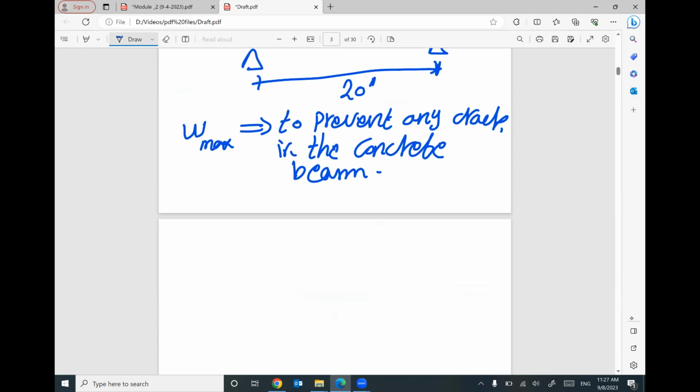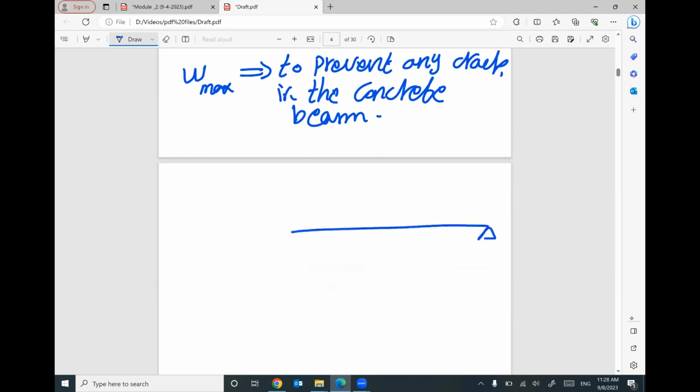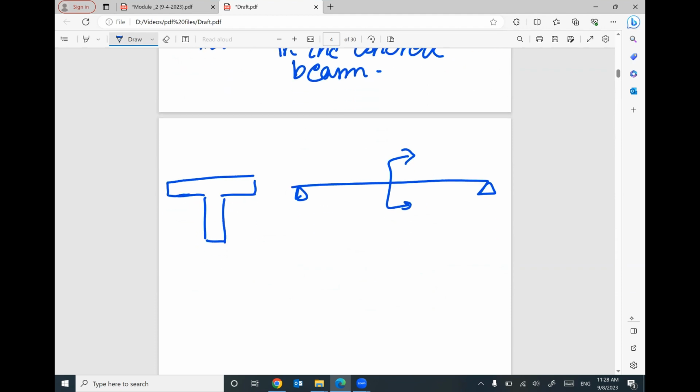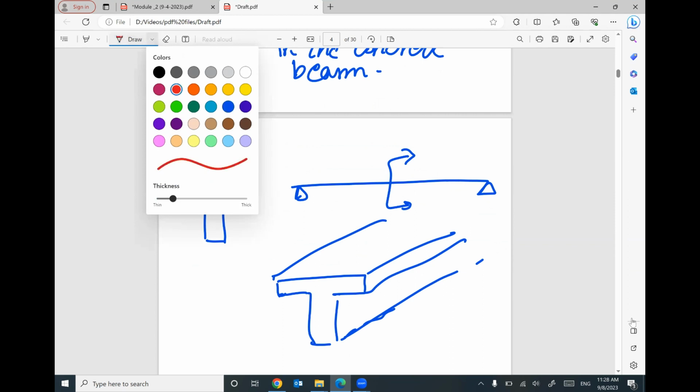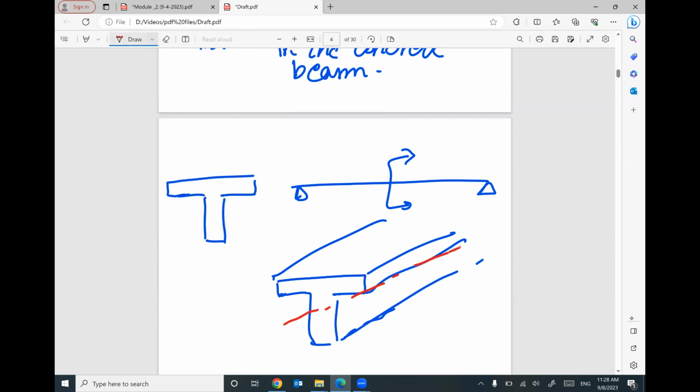Keep in mind, if you cut the beam and look at the cross section, your cross section looks like this. But we are not drawing in 3D, because if you drew it in 3D, your beam would look like this. That makes sense? So we represent this 3D with just a line, and this line is drawn like this.